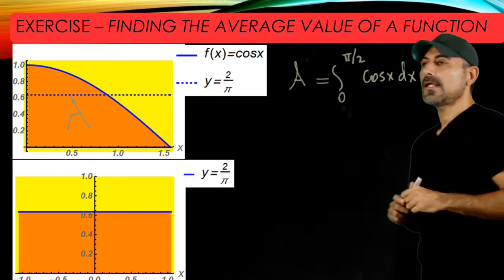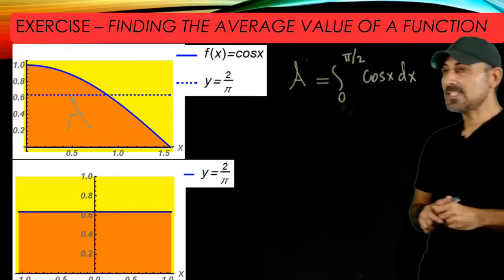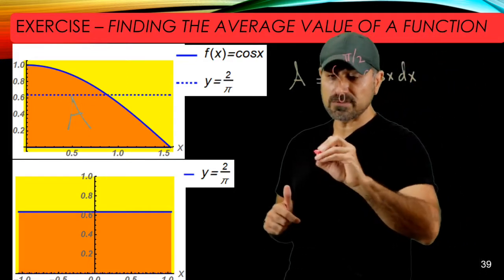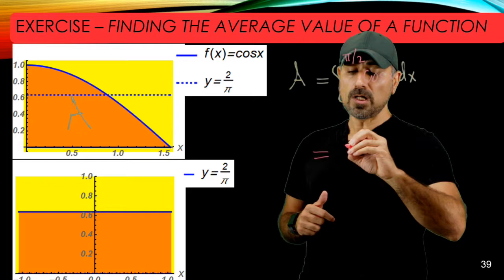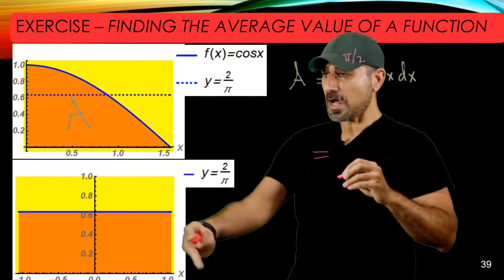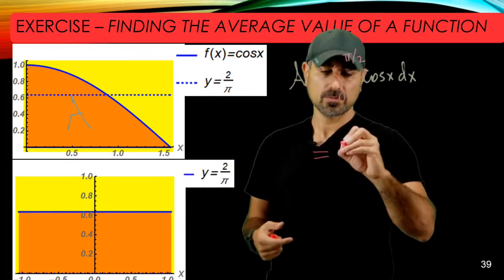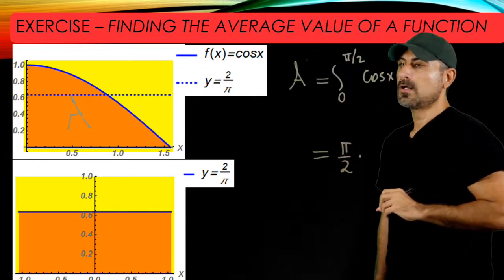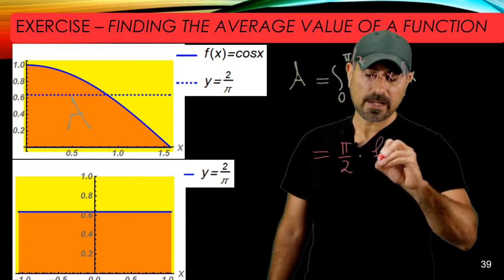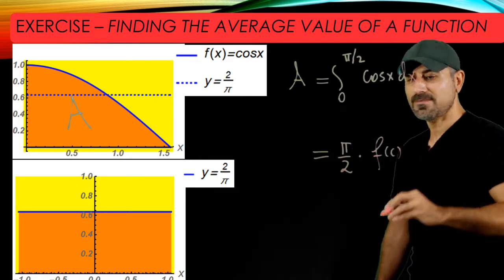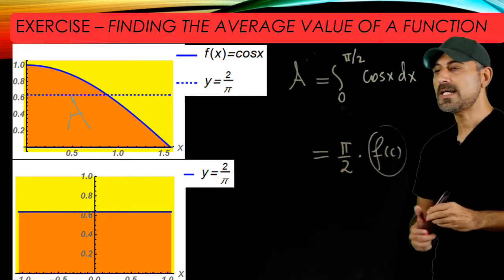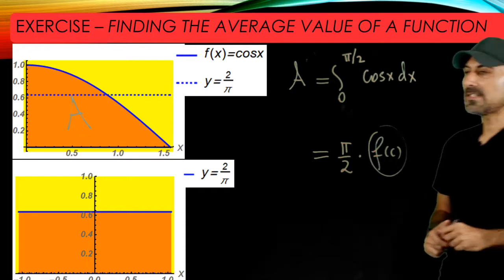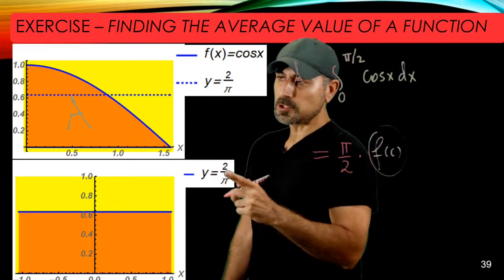The mean value theorem states that this area can be achieved by multiplying b minus a, which is pi over 2, by f of c. So f of c is in fact the average value. And what is f of c here? Well, we found f of c to be 2 over pi.